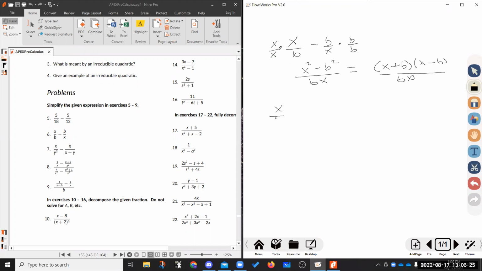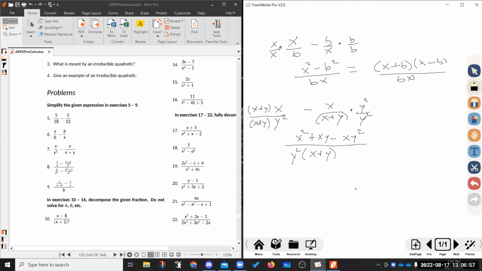My next one says x over y squared minus x over x plus y. X plus y is its own factor altogether. It's a binomial factor. So I'm going to have to multiply here by x plus y over x plus y. And here I'm going to have to multiply by y squared over y squared. That gives me a common denominator of y squared times x plus y. I have x squared plus xy minus xy squared.